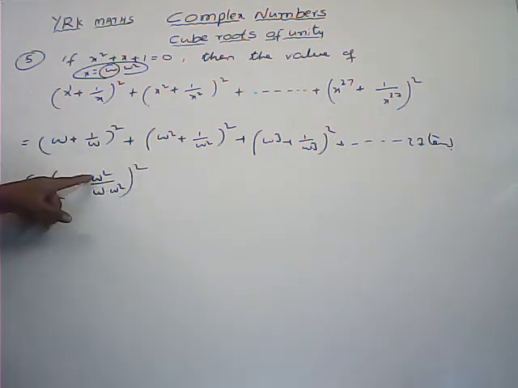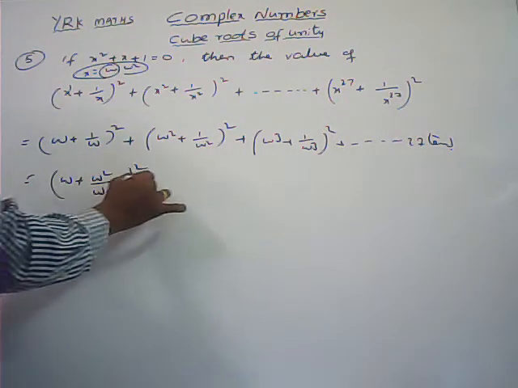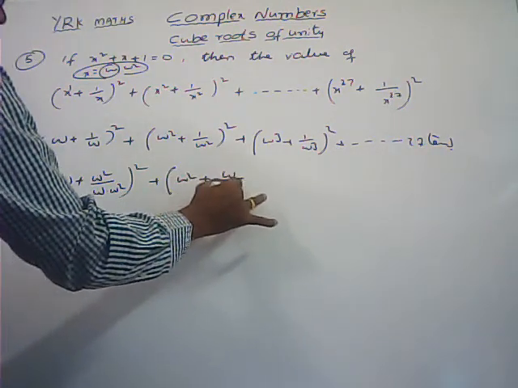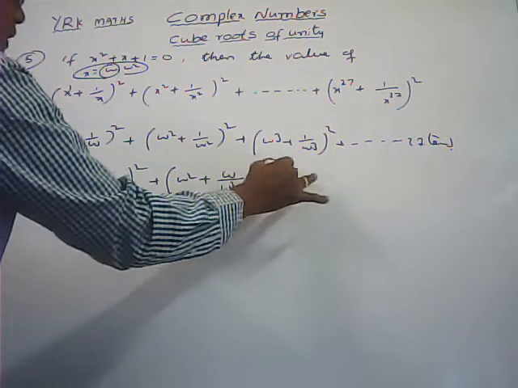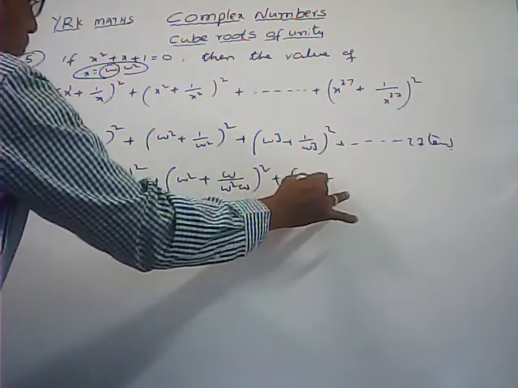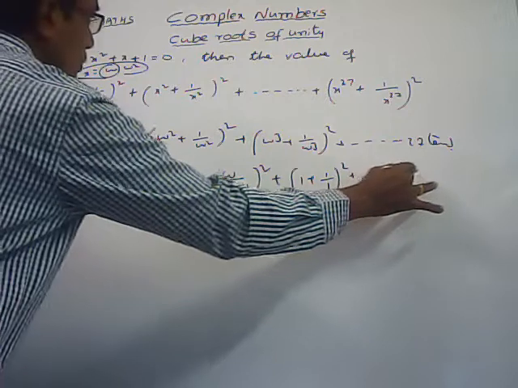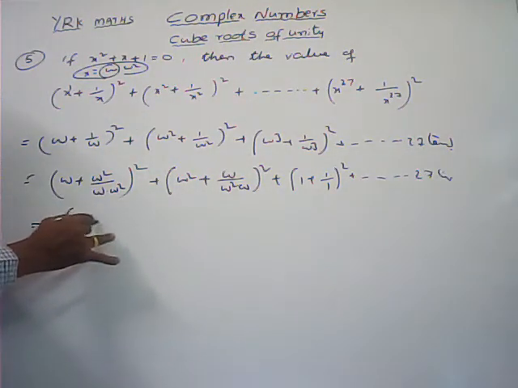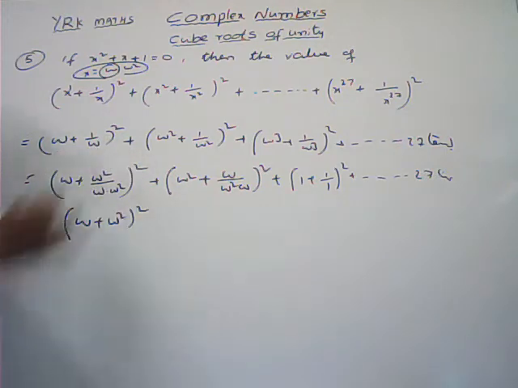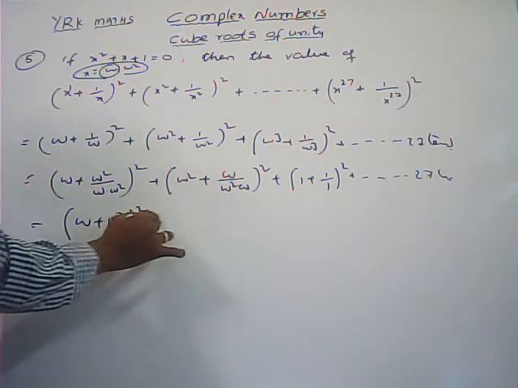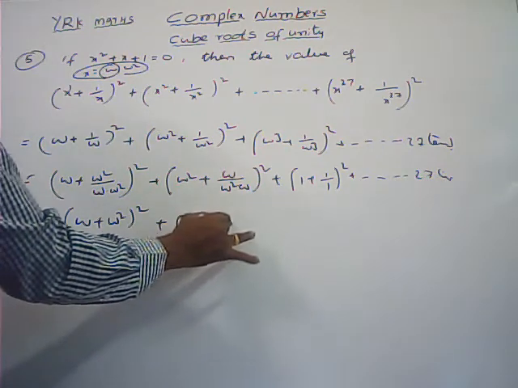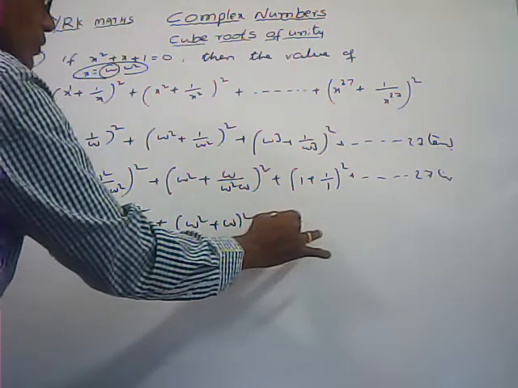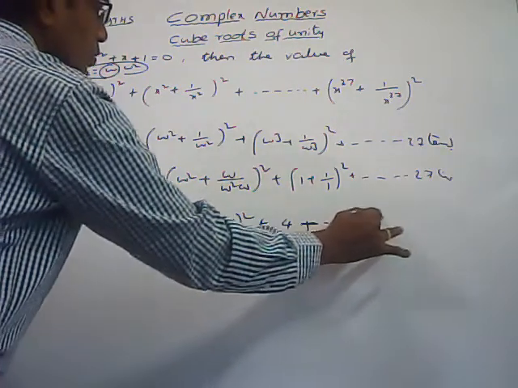Here also omega square plus, multiplying and dividing with omega, omega cube, that is 1 plus 1 by 1 whole square, plus so on. Total 27 terms. Now I can write omega square whole square, this is 1 only, plus omega square plus omega whole power 2, plus 2 power 2, that is 4, plus so on, 27 terms.